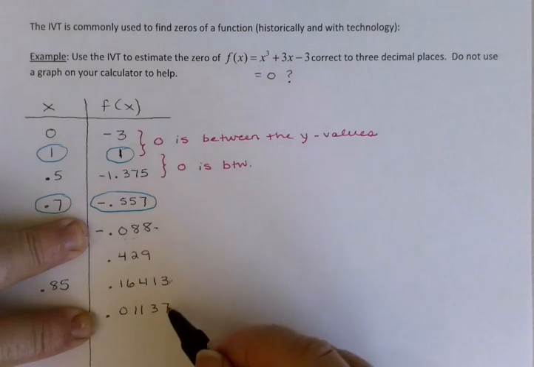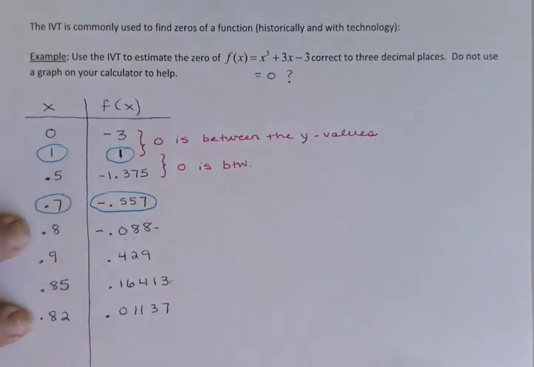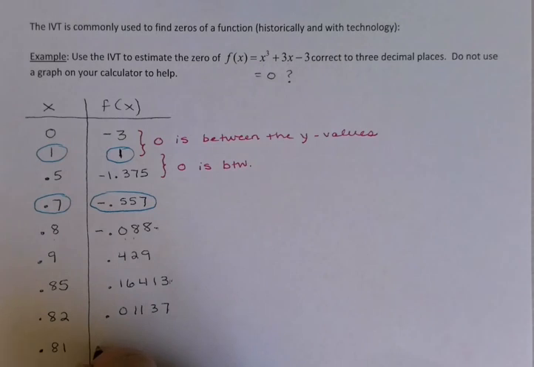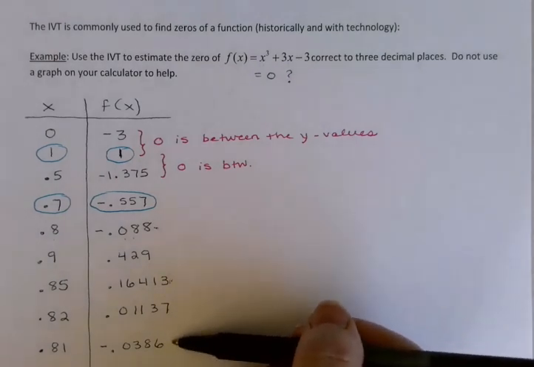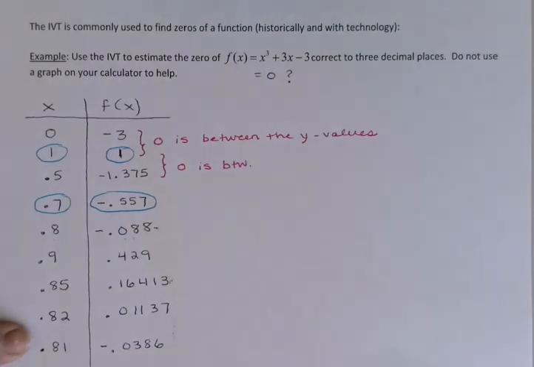So between here and here is the 0, between 0.8 and 0.82. Let's try 0.81. Plugging that into my original function, again just using the calculator table, negative 0.0386. All right, 0 between here, so between 0.81 and 0.82.